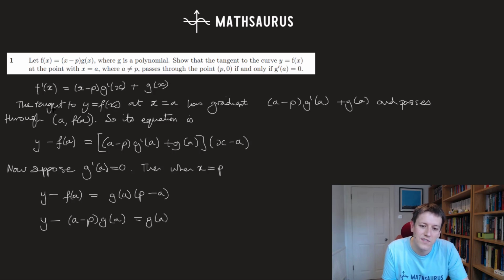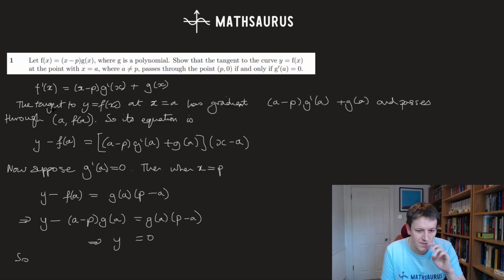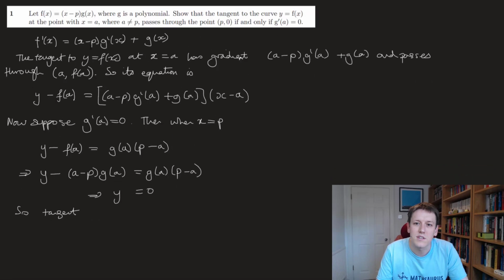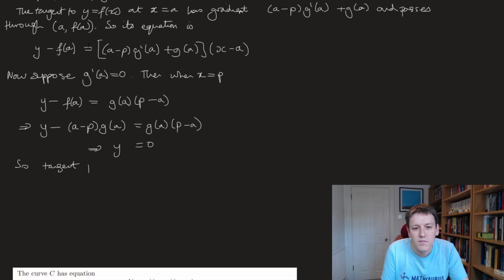So actually I've got minus this, and these two terms clearly cancel out, since a minus p is minus p minus a, so that gives y equals 0. So that means that the tangent does pass through the point p0.